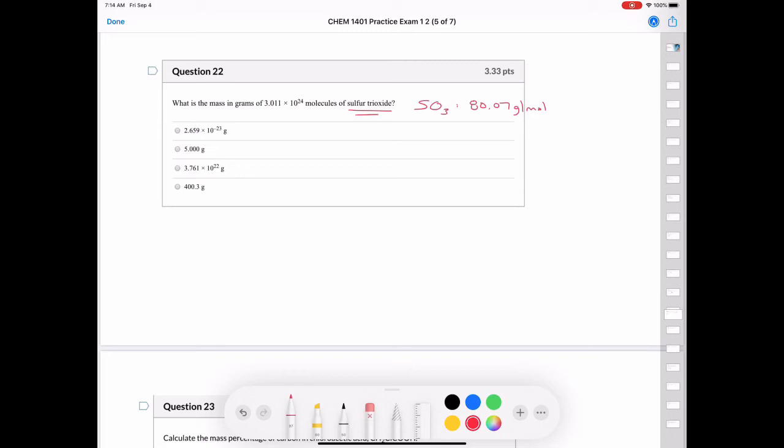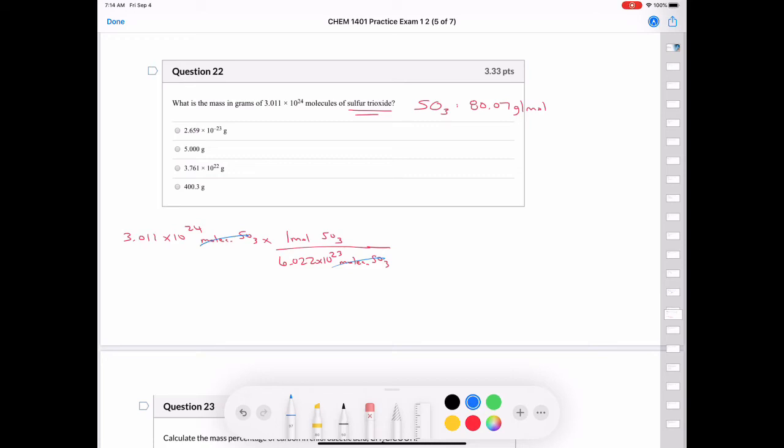So let's start our dimensional analysis. We have 3.011 times 10 to the 24 molecules of SO3. And we know that in 1 mole of SO3, we have 6.022 times 10 to the 23rd molecules of sulfur trioxide. So we have Avogadro's number of molecules of sulfur trioxide in 1 mole. And you can see that molecules of sulfur trioxide will cancel out.